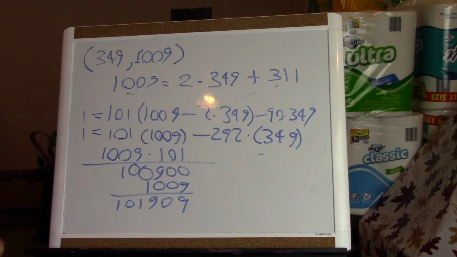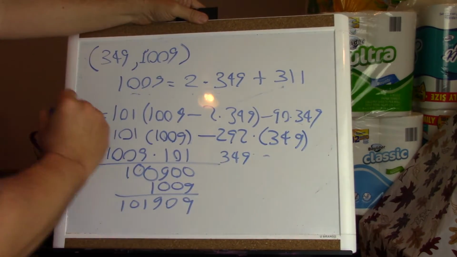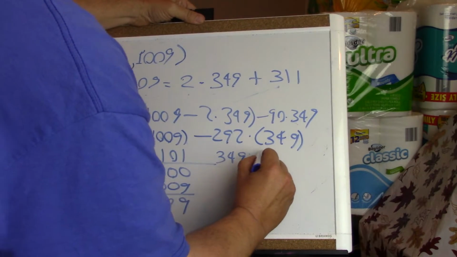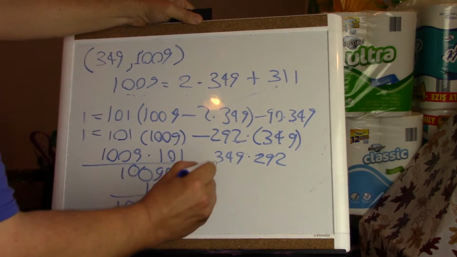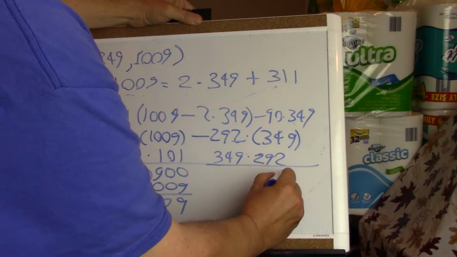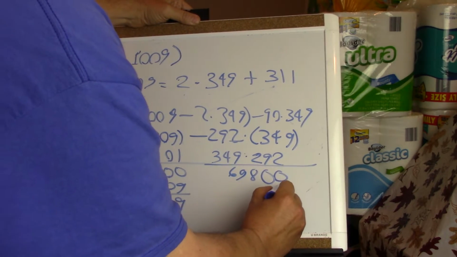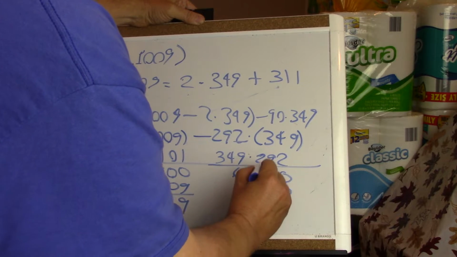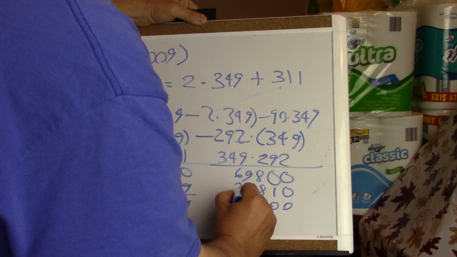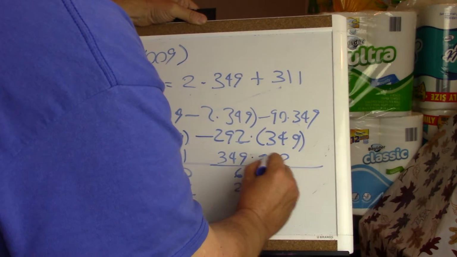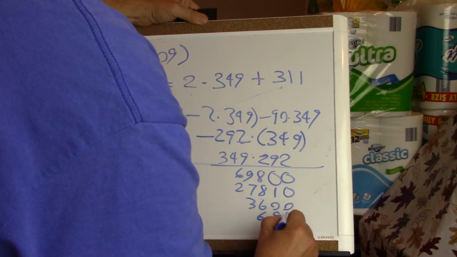Okay, so that's my number on the left, and this one's a beast. And of course, I'm sorry that my setup is 292, right? This is a 2, not a 7. Okay, so then 9 is 81, 3600, and then 27, and then this is just 2 times 698.